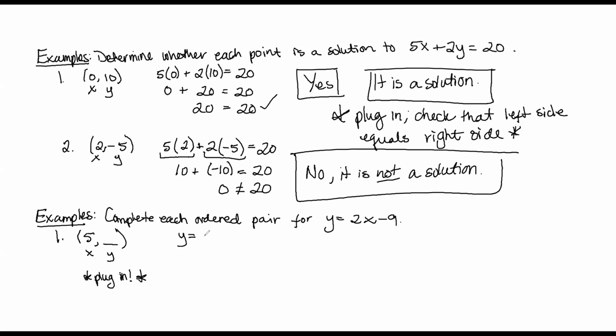And then X is 5, so 2 times 5, and then minus 9. And then we can simplify to find what Y is. So Y is equal to 2 times 5, which is 10, minus 9. So Y is equal to 1. And so our ordered pair here has a missing coordinate of 1.